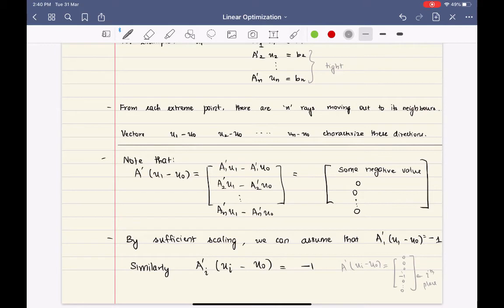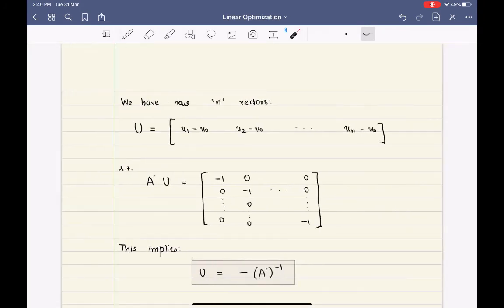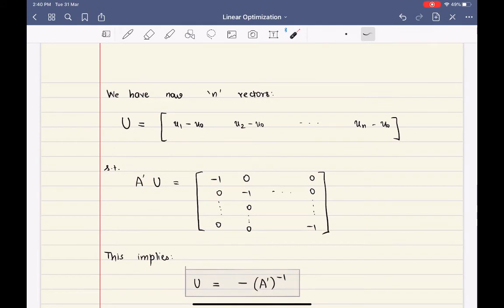Okay, fine. So we have these n rays. So what do we do with them? So here they are. Let's arrange them like this.